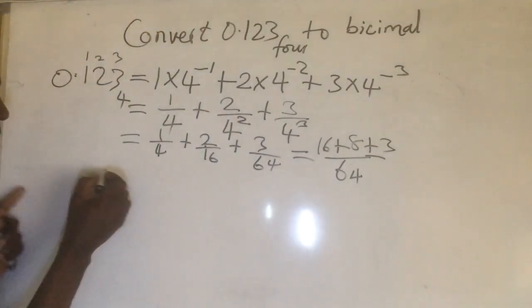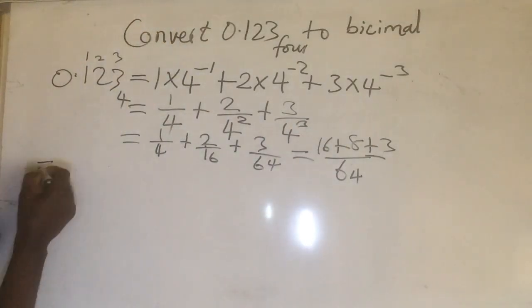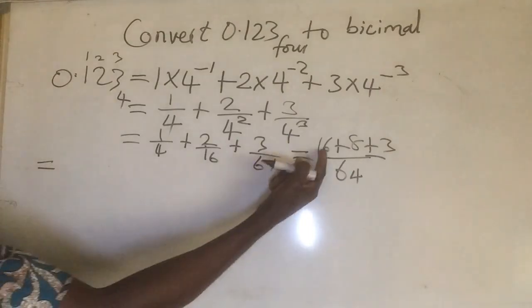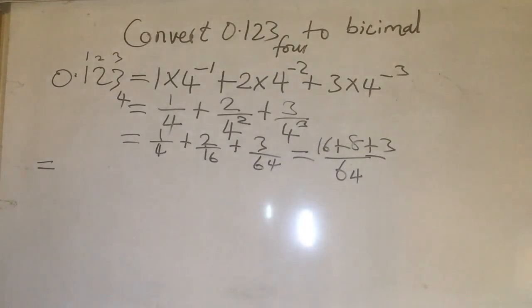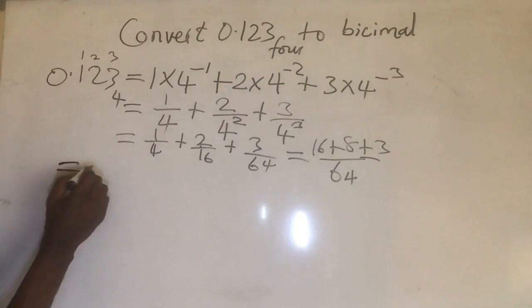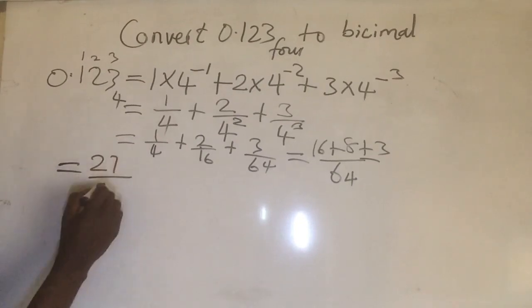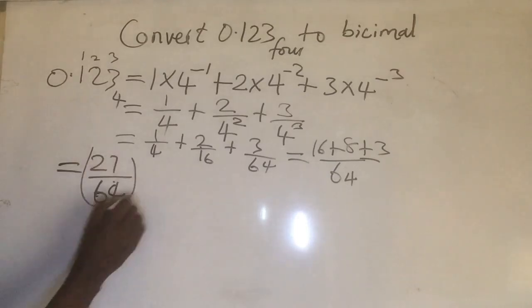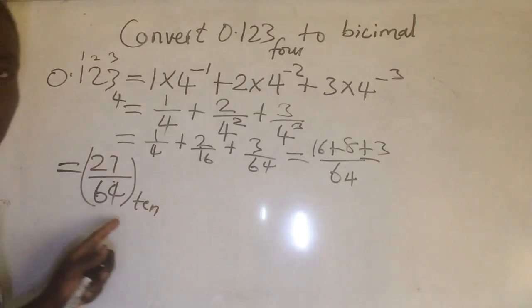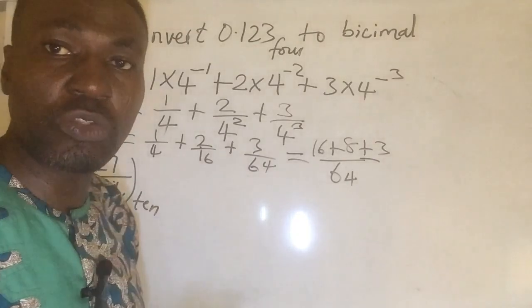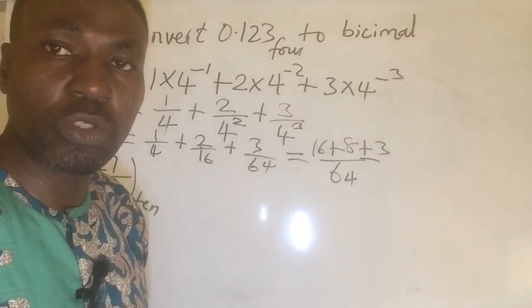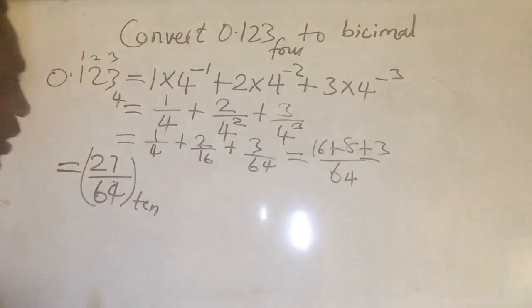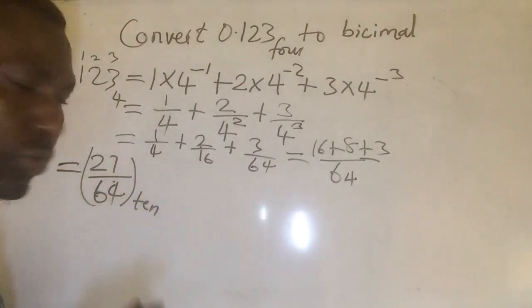Then we add up. 16 plus 8 plus 3 will give us 27 over 64 base 10. It is this number we will now convert to base 2.